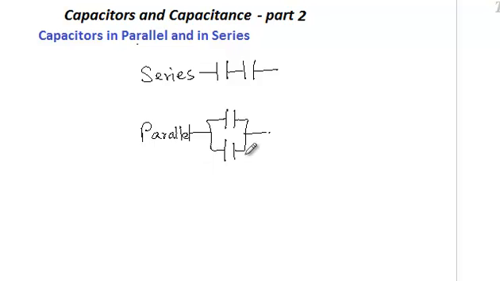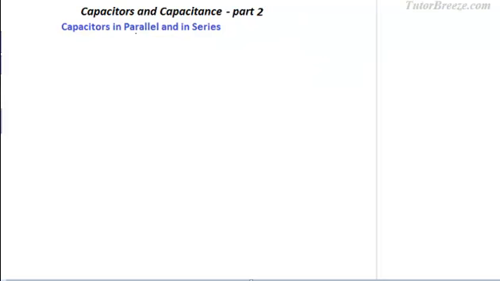Now, in each of these cases, we want to find the equivalent capacitance. Equivalent capacitance would imply one single capacitor with which you can replace this combination of capacitors. So, that is the equivalent capacitance.